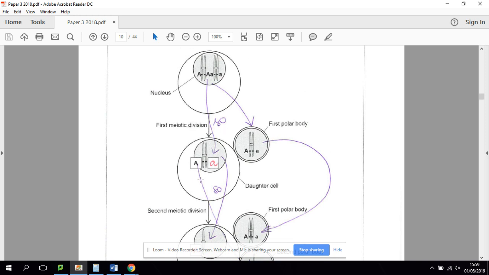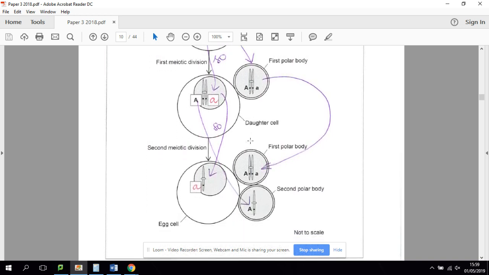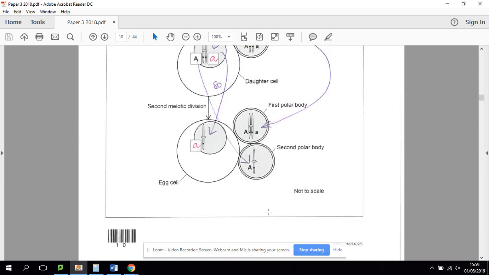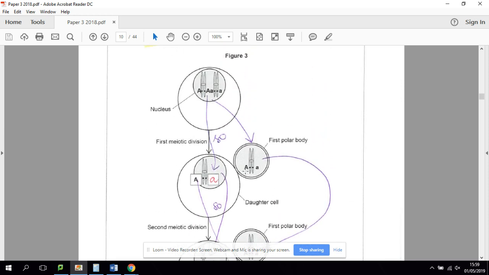As the question says, we've got a daughter cell and we've got a polar body. Second division, we've got 1 egg and 2 polar bodies. Right, so the question is to complete figure 3, putting the alleles in the box. They've given us the alleles of the first polar body.